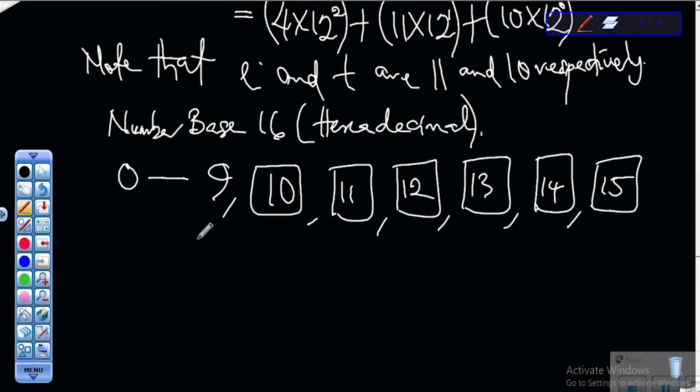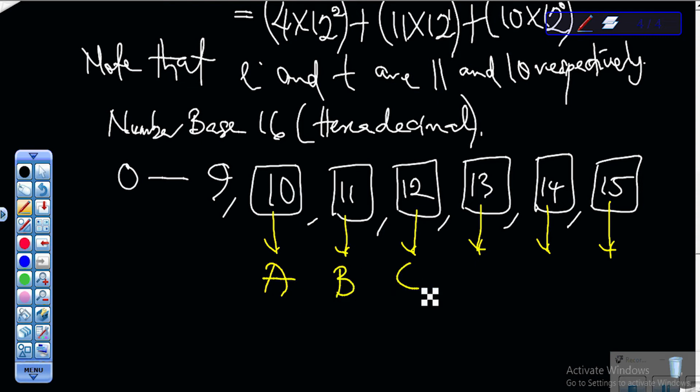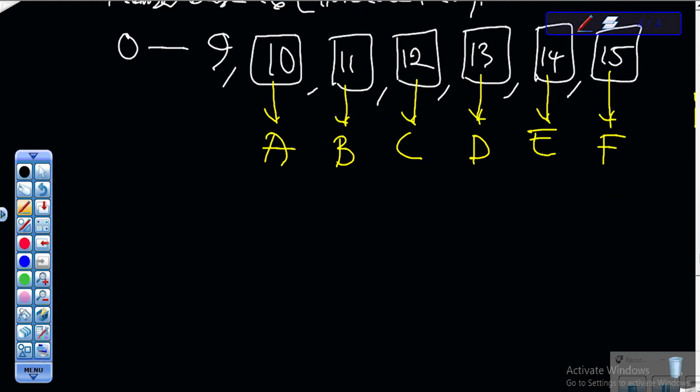So the best thing to do is just represent them with a particular symbol. Generally, the scientists have agreed that in the hexadecimal number system, from 10 to 15, A, B, C, D, E, F are representing them respectively.